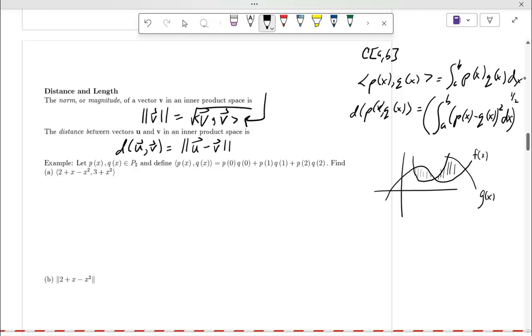So basically, the distance in this particular vector space between the two functions really talks about how much gap there is between them. The squaring part makes sure that we make all of this positive. It'll stretch it out some. But really, we're talking about how close together they are. The smaller that value, the closer together they are.